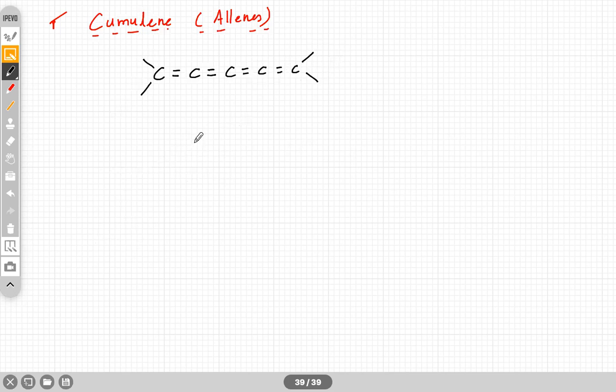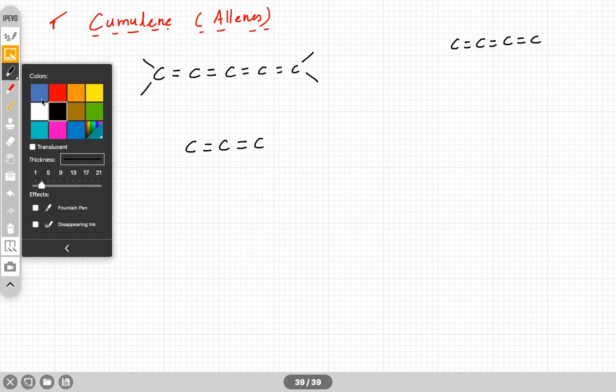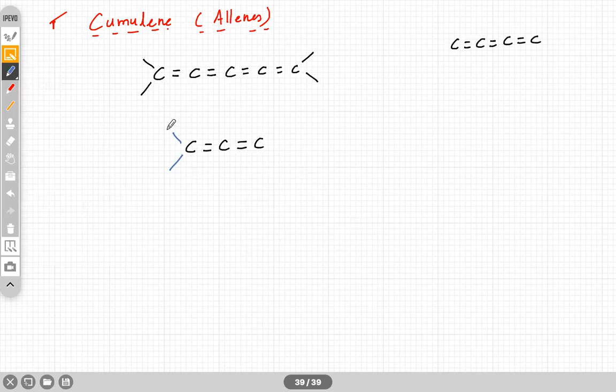One in which we have an even number of double bonds, for example C double bond C double bond C, and another one in which we have an odd number of double bonds, C double bond C, double bond C, double bond C. If you see here, the groups attached to the carbon atom on this side we have P, here Q, here R, and here S.